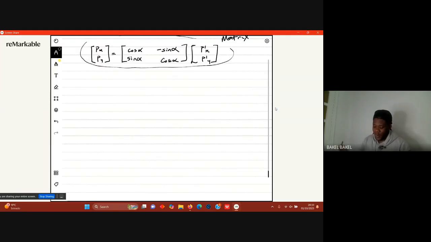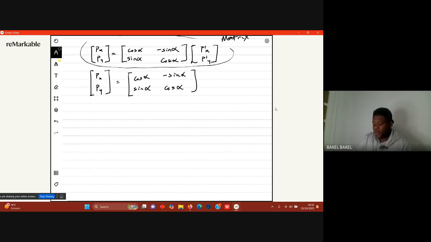Moving on. What we have is Px Py equal cos alpha sine alpha minus sine alpha cos alpha times P prime X P prime Y. This is called the rotation matrix.